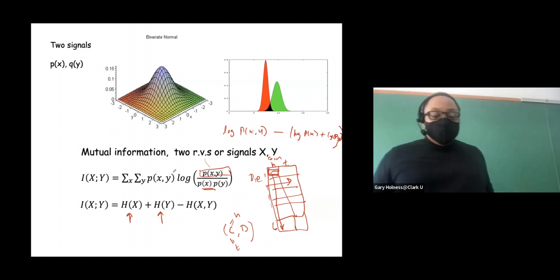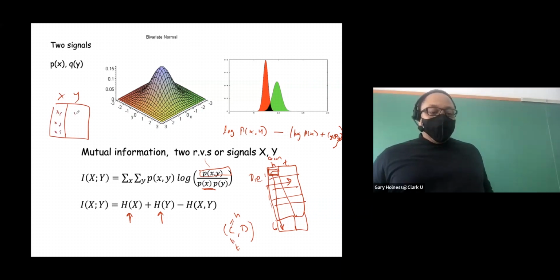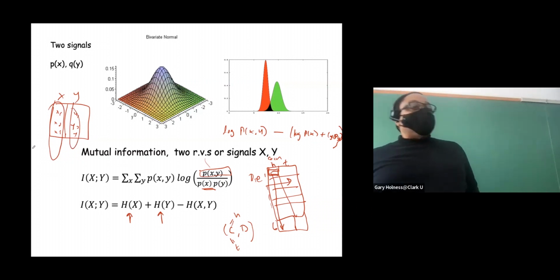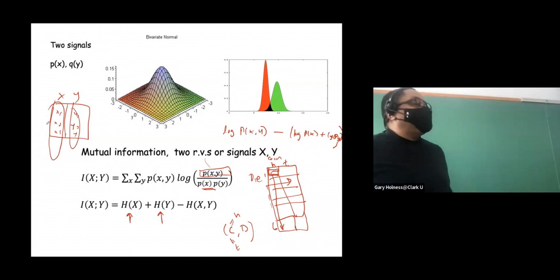But in this case, when I say P of X and P of Y, here's my X, here's my Y, and I look at the values X1, X2, X3, Y1, Y2, Y3, and I just treat this as a separate probability that has nothing to do with these values. And so that independence assumption is not correct.